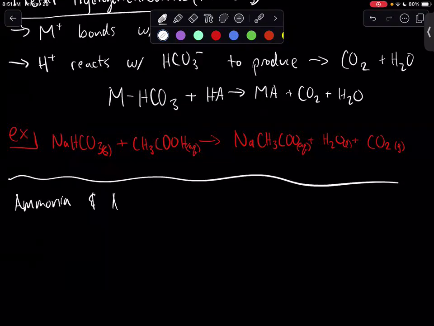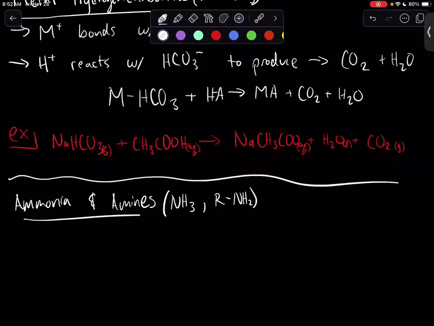All right, the last group of reactions is ammonias and amines. So with ammonia and amine, now ammonia is NH3, and an amine is going to be some type of R group, some type of long chain of hydrocarbons, NH2. So when we have this reaction, these are still going to be neutralization. However, these just produce a salt.